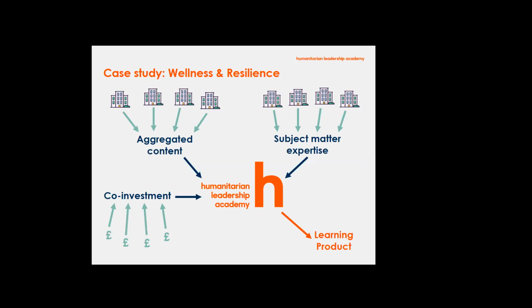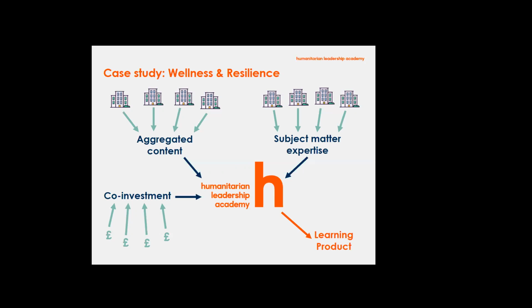So we would seek to first find out where that aggregated content might lie, and then try and reach out to partners who have specific subject matter expertise, who can really help define the learning objectives, really understand who the demand for this product would come from, and to form an advisory group to help develop that curriculum.